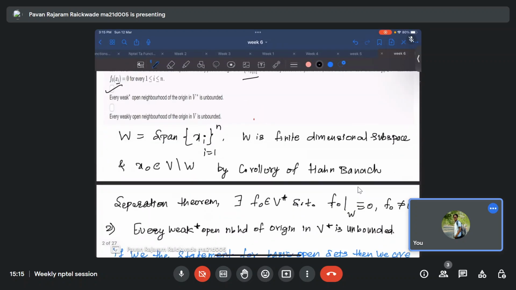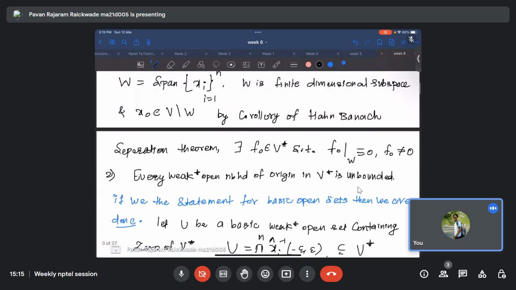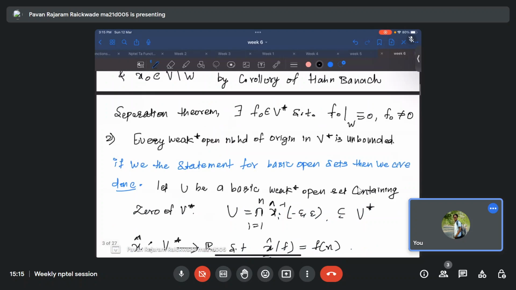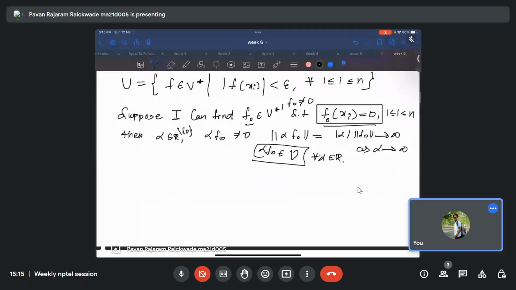Now we have to check the weakly open neighborhood. Similarly, for weak open sets also, we'll just check for basic open sets. If the statement holds for basic open sets, we are done. A basic open set here will be the intersection of Fi inverse of minus epsilon to epsilon, i going from 1 to n.